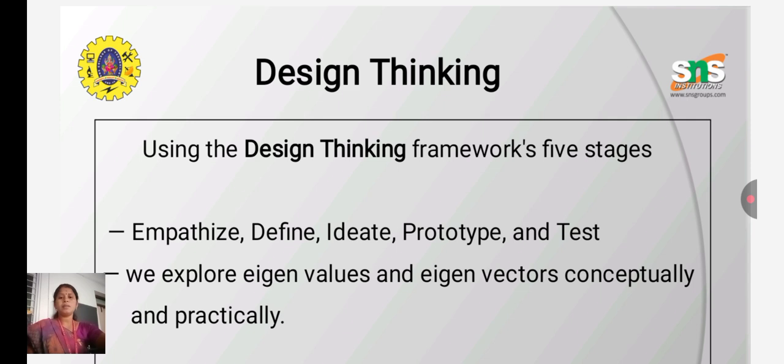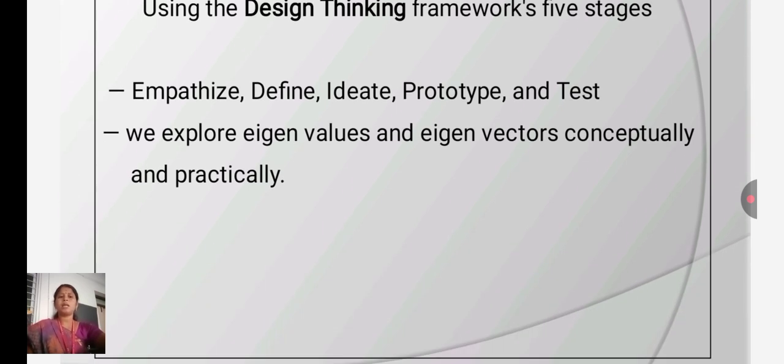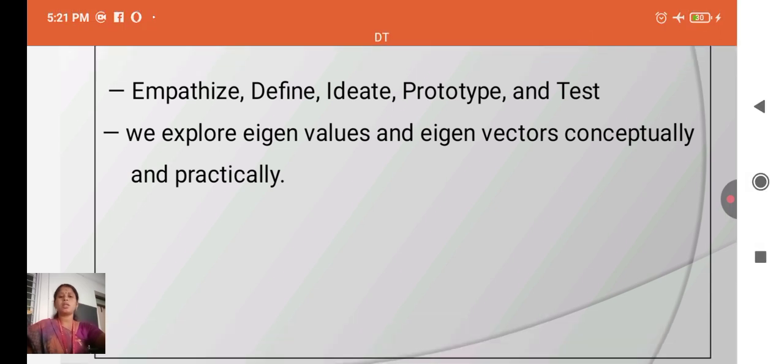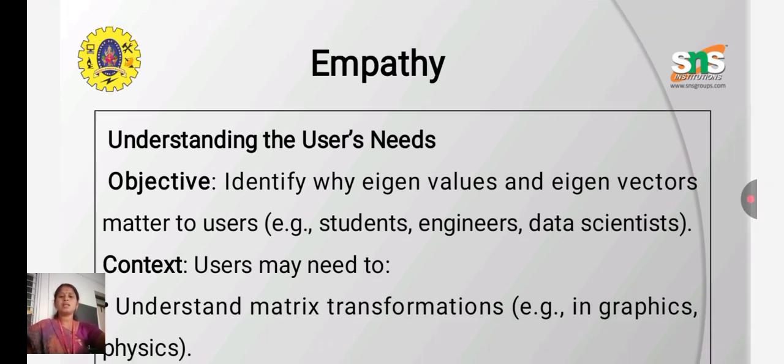Let us have some discussion of design thinking and how it is interconnected with our topic. Design thinking, we know, has 5 stages: empathize, define, ideate, prototype and test. We explore eigenvalues and eigenvectors conceptually and practically here. Empathy is nothing else but understanding the user's need.